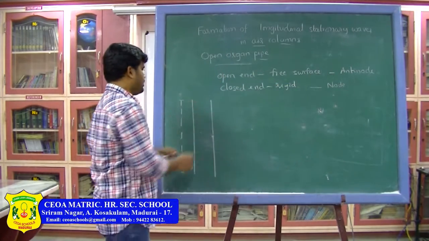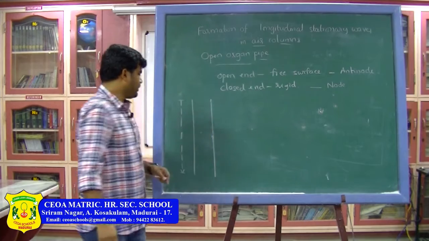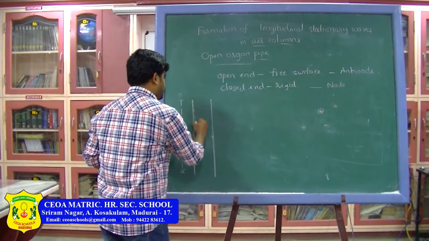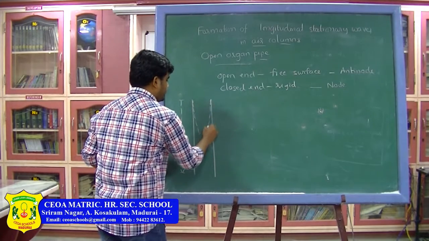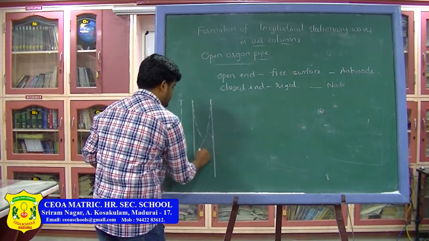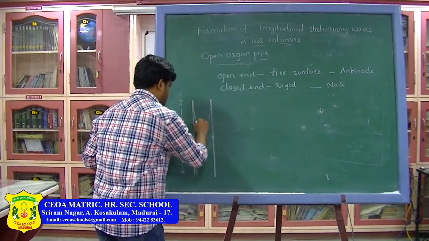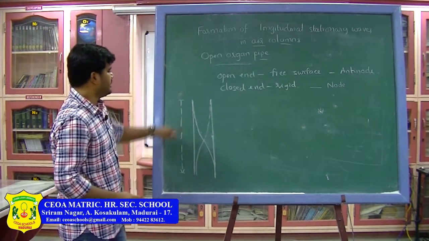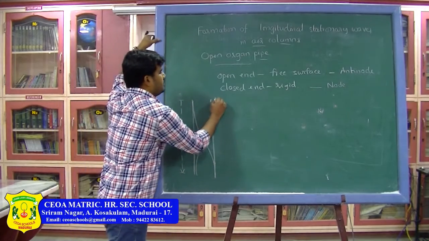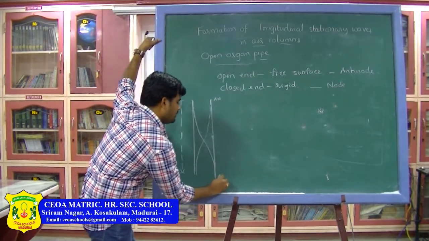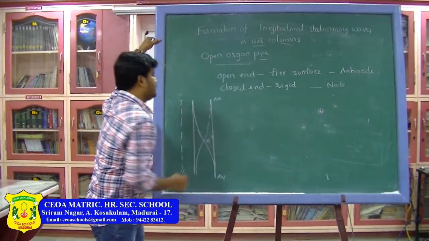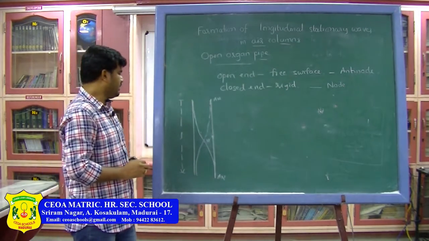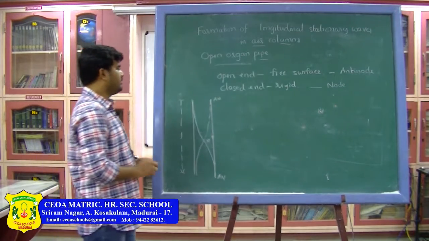So, the formation of stationary waves in the open pipe will be like this, with two antinodes at the open ends and a node in the middle. This is the fundamental mode of vibration of the air column in an open pipe.